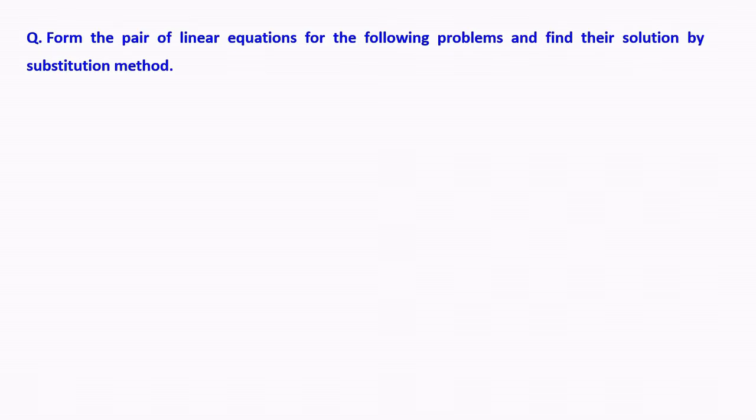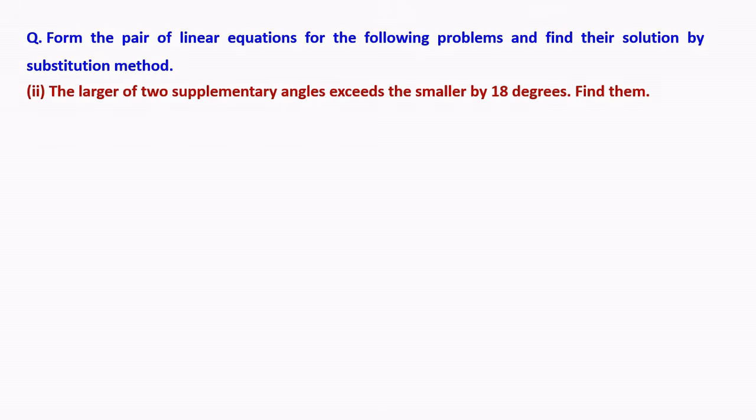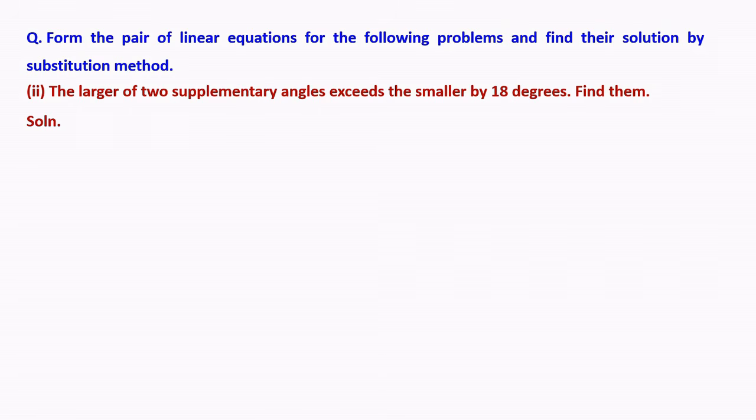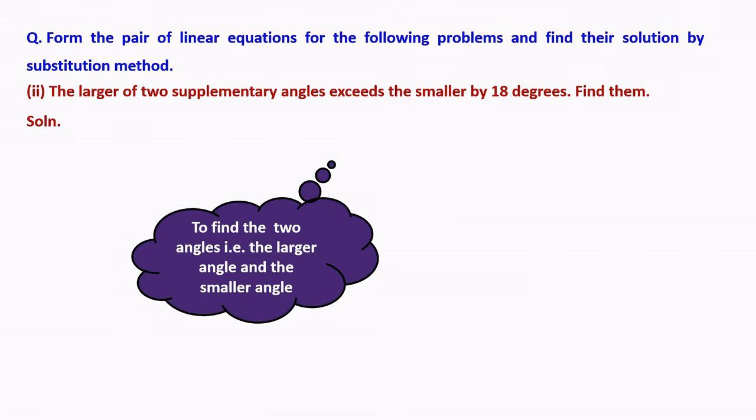Let's solve this word problem. We are given that the larger of two supplementary angles exceeds the smaller by 18 degrees. We need to find both angles. First, let us understand what we are supposed to find. We need to find two angles, the larger angle and the smaller angle.